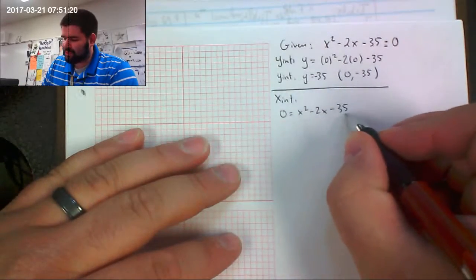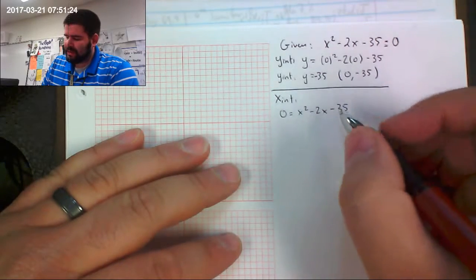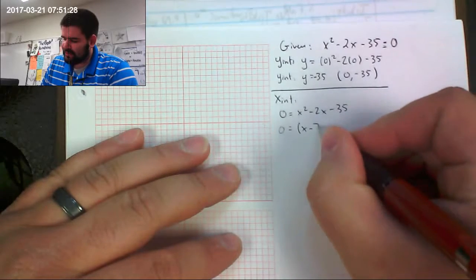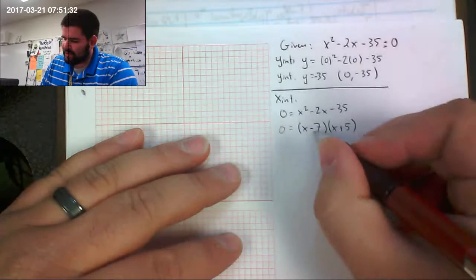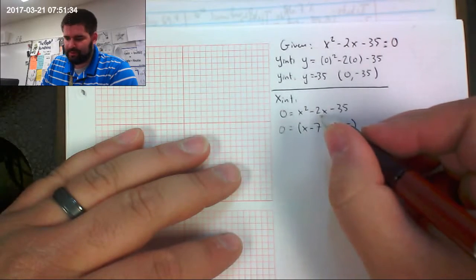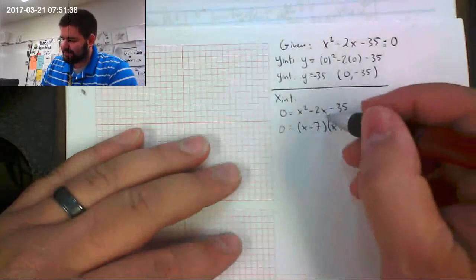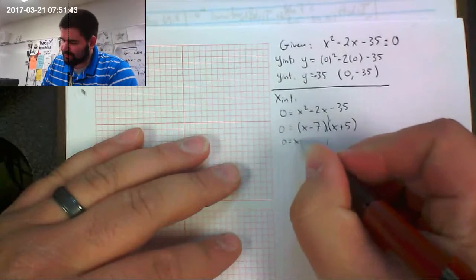So I'm looking for two numbers that multiply to negative 35 but add to negative 2, and that is x minus 7 times x plus 5. Negative 7 plus 5 is negative 2, and if I multiply these two together, they give me negative 35. So there's my two little factors, and I'm going to solve the equation.